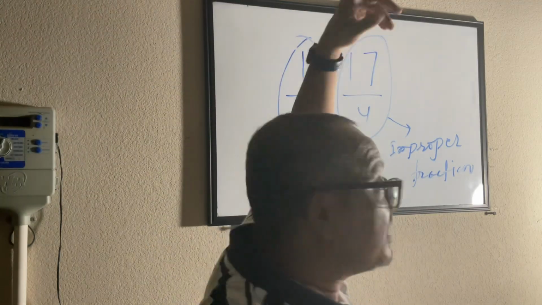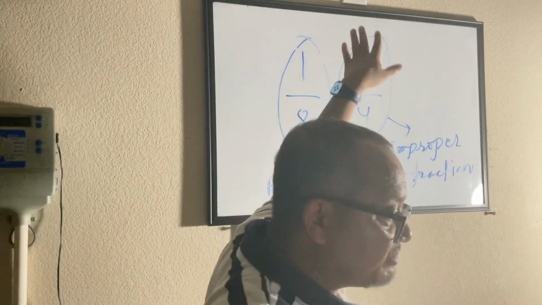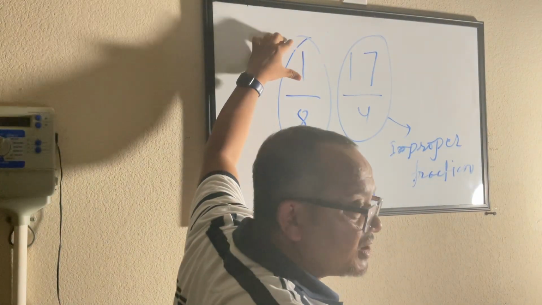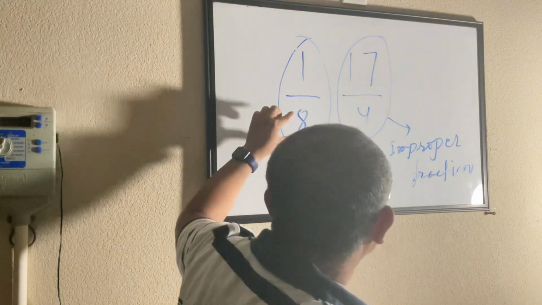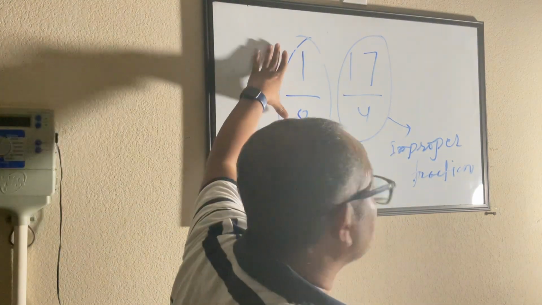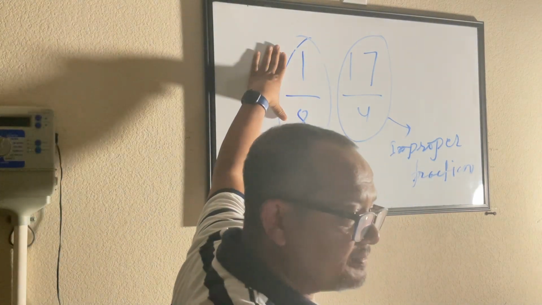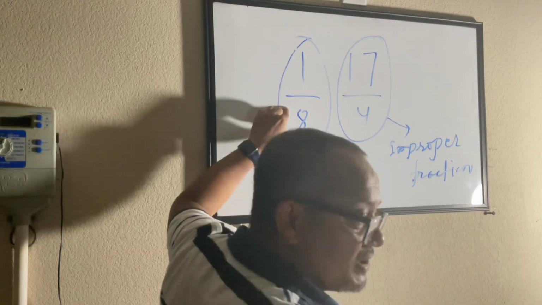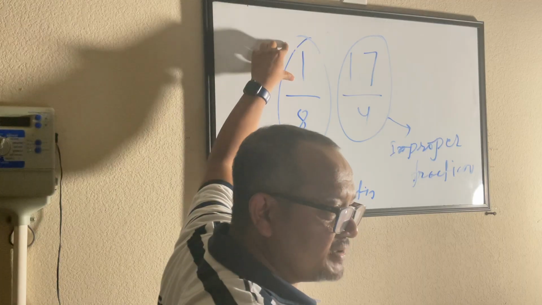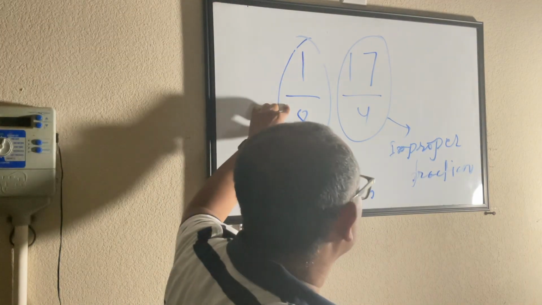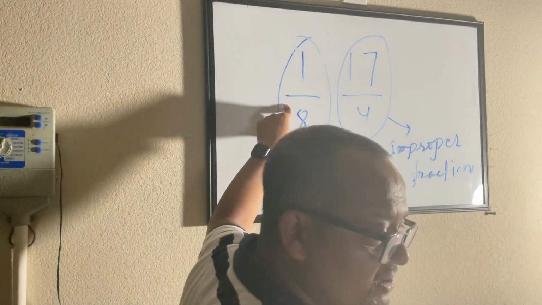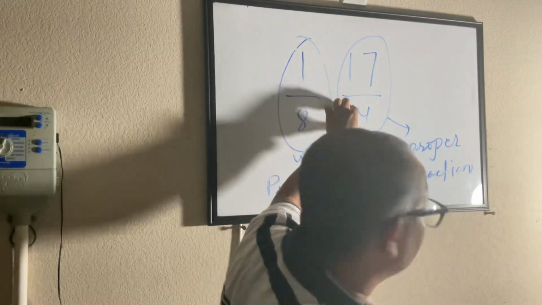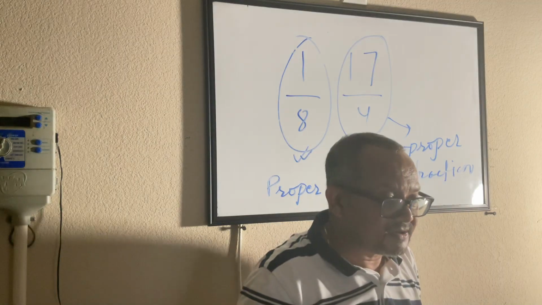Don't tell me the number on the top, number on the bottom. Meaning, when you are trying to divide less thing among more people, this is a proper fraction. When you are trying to divide more thing among less people, improper fraction.